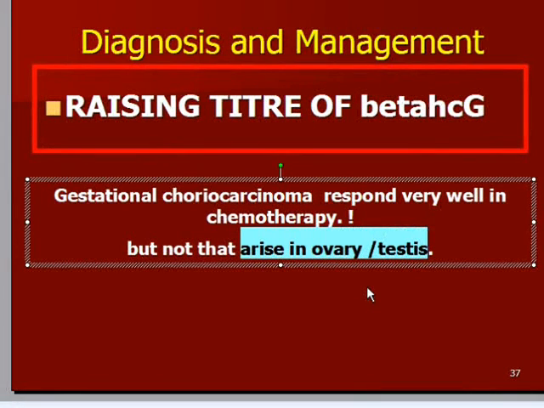I can tell you from my experience, I have seen a patient who came with a lung metastasis in a choriocarcinoma. They gave the chemotherapy on day 1, day 2, and on the third day we see the patient is absolutely normal. It is such a good and remarkable recovery we can get if it is a gestational choriocarcinoma with chemotherapy. So chemotherapy is a very important point.